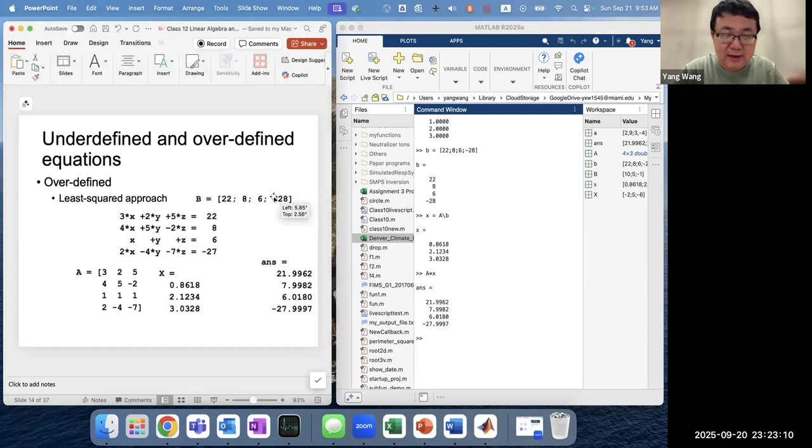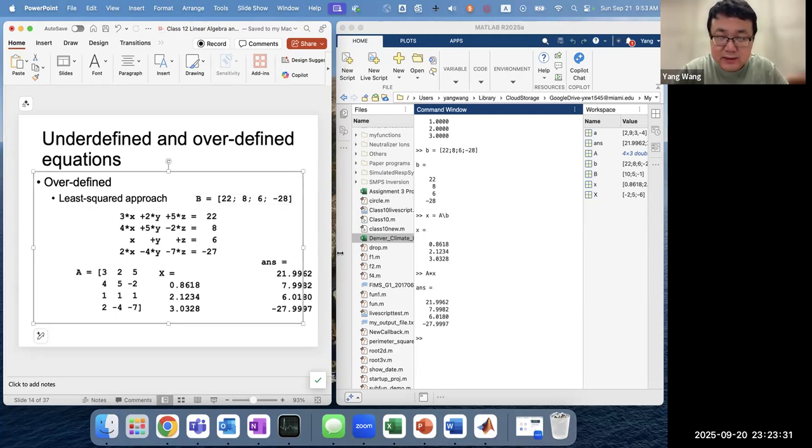So MATLAB uses this least squares approach, which tries different combinations of x, y, and z so that the deviation from these preset equation results is minimized. That's why it's called the least squares approach.